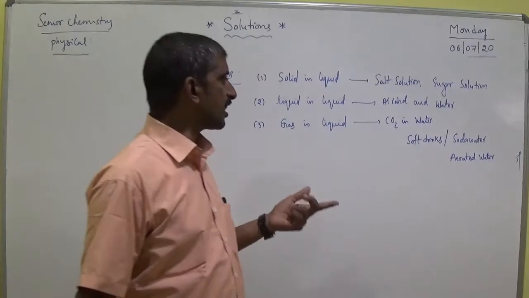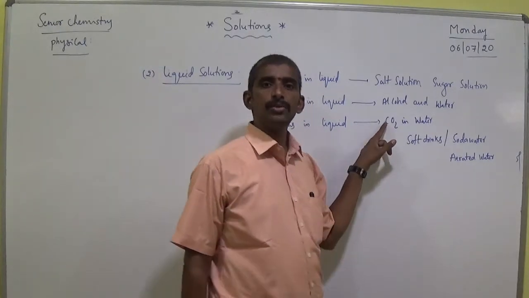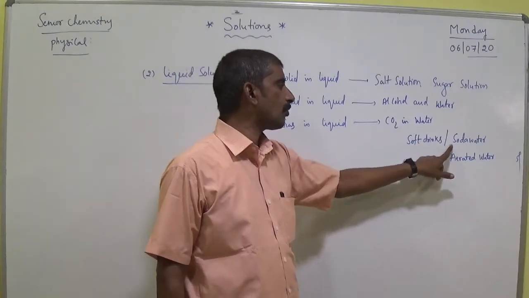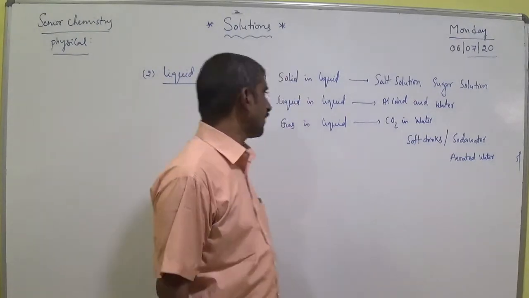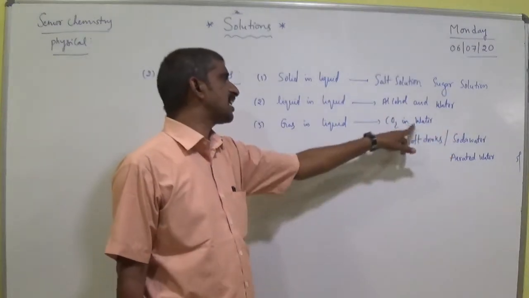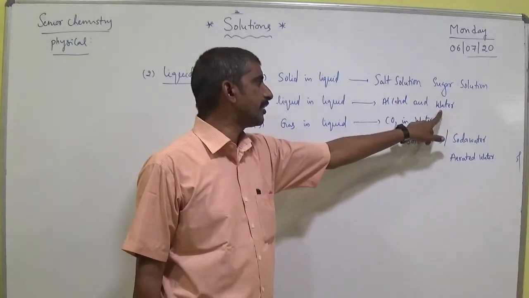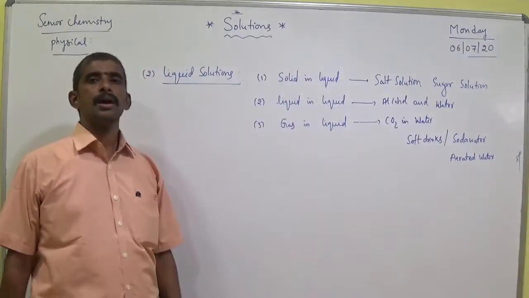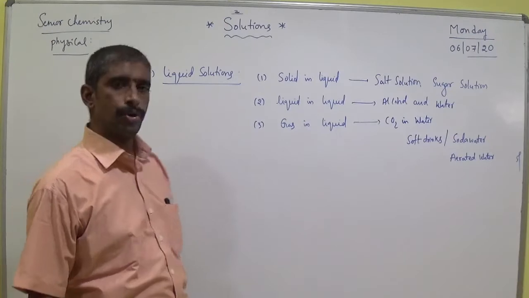Cool drinks contain which gas? CO2 gas. So CO2 in water means soft drinks, soda water or aerated water. CO2 is a gas, water is a liquid. So these are the classification of liquid solutions: gas in liquid, liquid in liquid, solid in liquid.